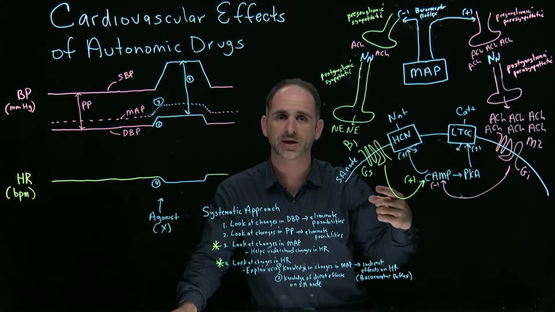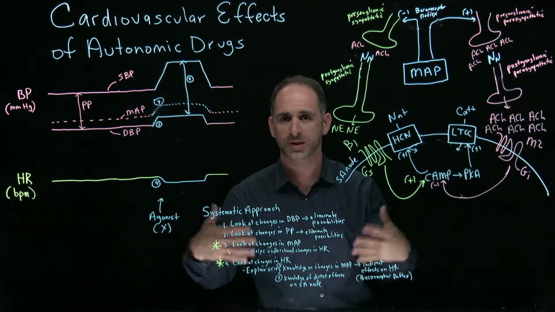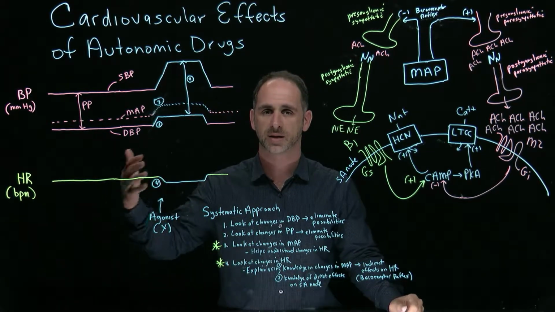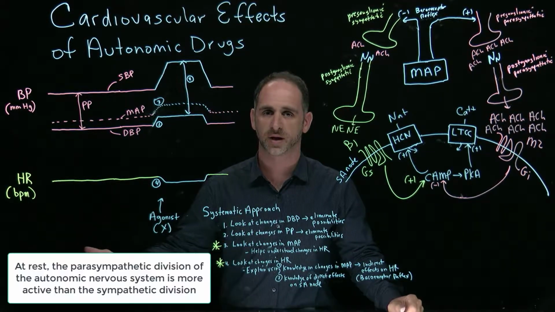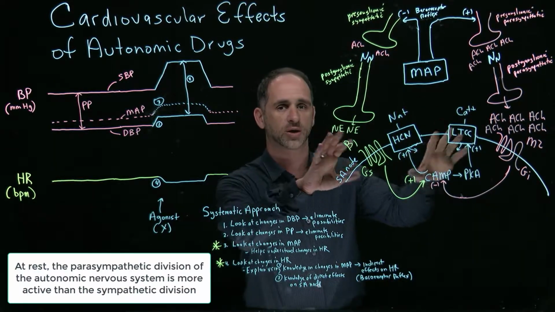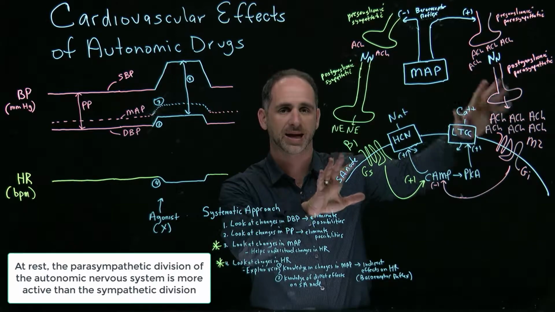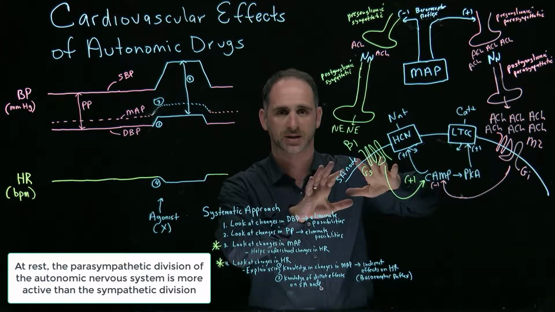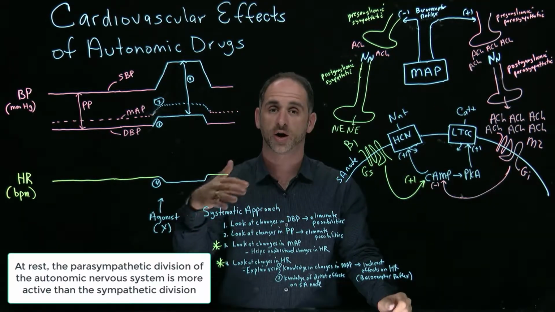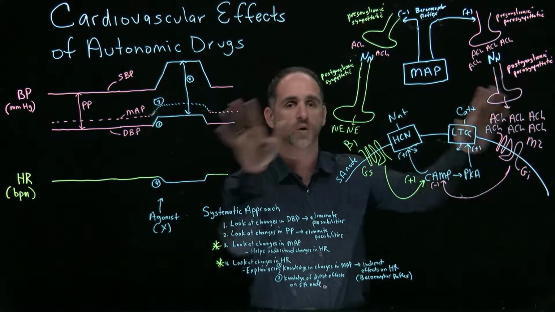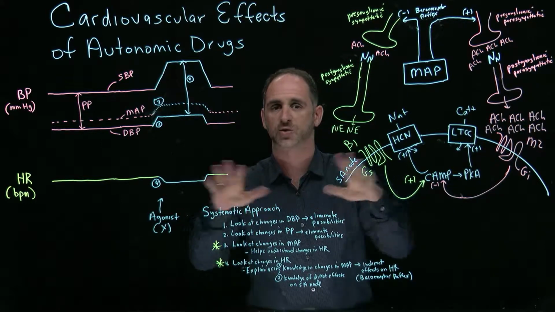That's to remind you that at rest, in most cases at rest, the parasympathetic system is the dominant part of the autonomic nervous system. So this is just showing you at the baseline, there's more parasympathetic activity than sympathetic activity, which means that the heart rate would be lower than the rate where there would be no autonomic influences. That is the intrinsic rate.